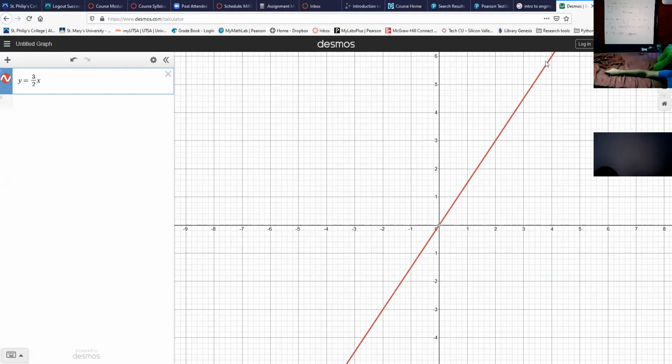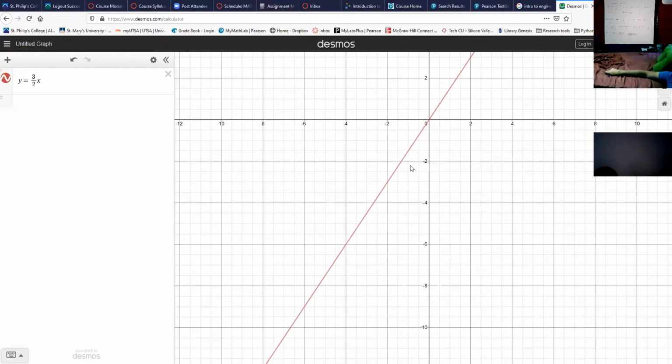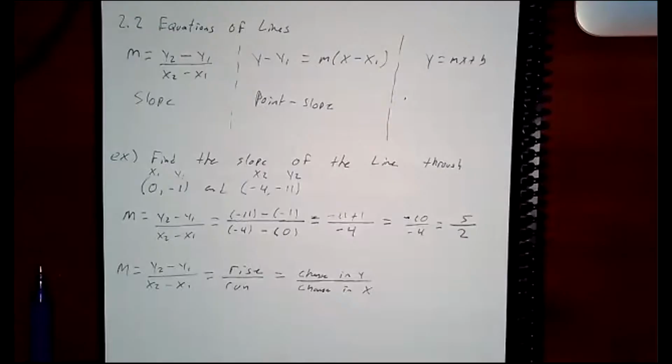So I keep landing on this line here. I can also go backwards by using negative. Rise is negative, down 3, left 2. So you'll keep landing on the line. Okay. Visually, that's what the slope does.